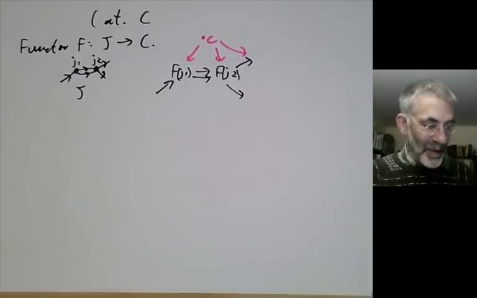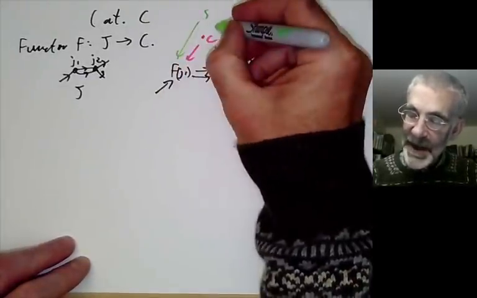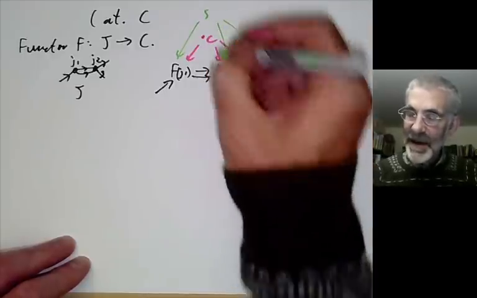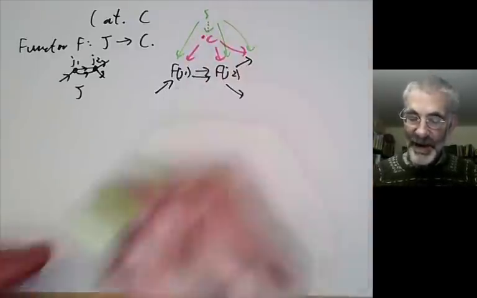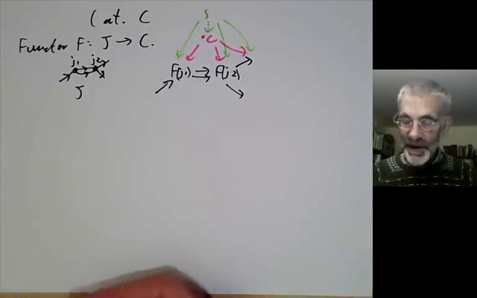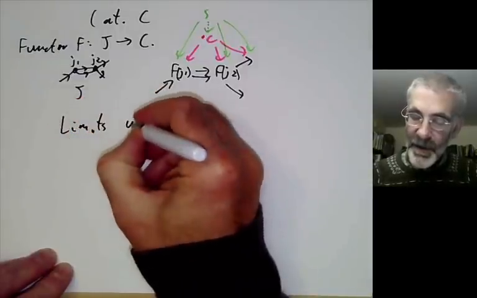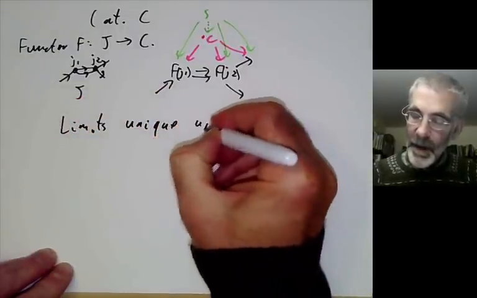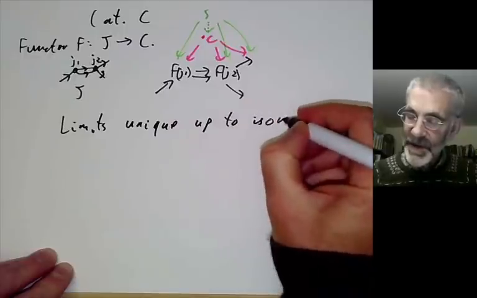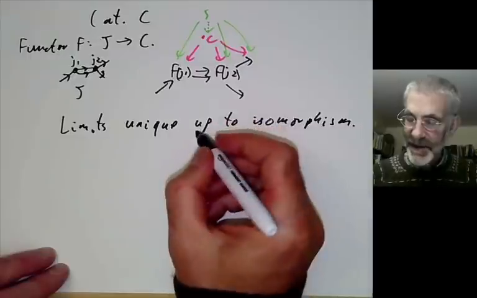And of course, we add a universal property, so if you've got any object S with maps to all of these making everything commute, there should be a unique map going like that. And just as for products, the limits are unique up to isomorphism if they exist. Limits don't necessarily exist.